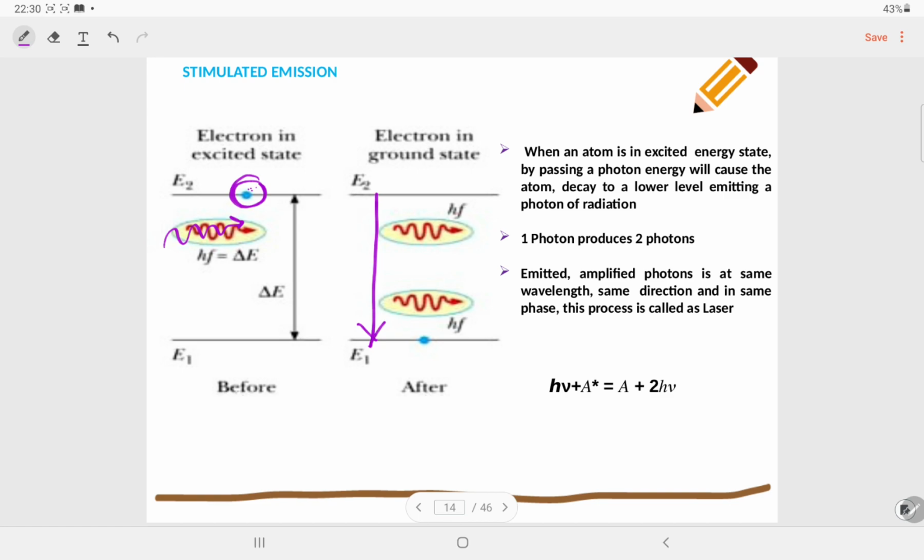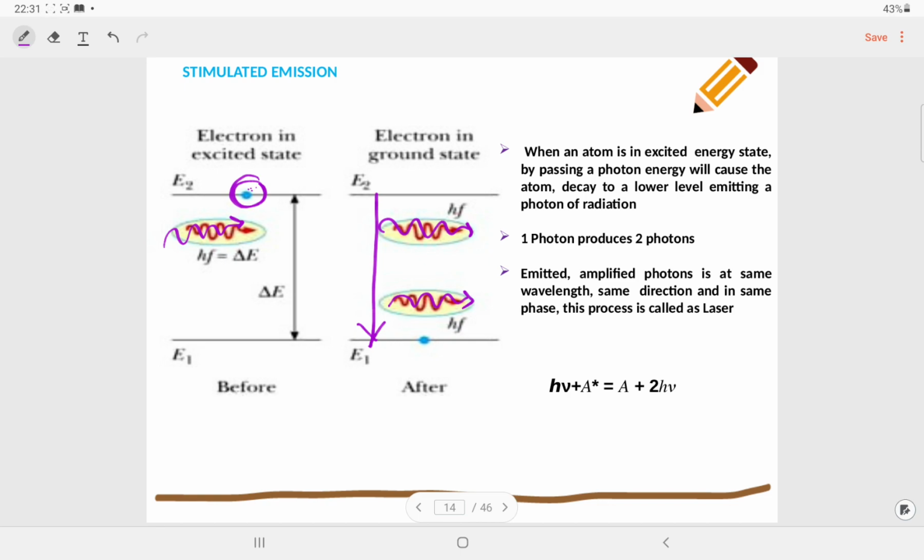While making the downward transition, the electron also emits energy in the form of a photon, and this is the incident photon. So we are getting two photons; simply, one photon produces two photons.